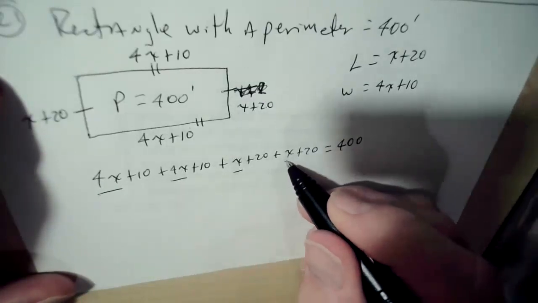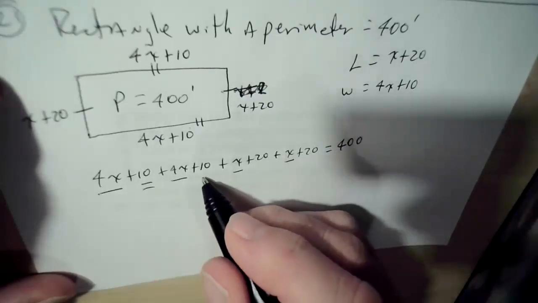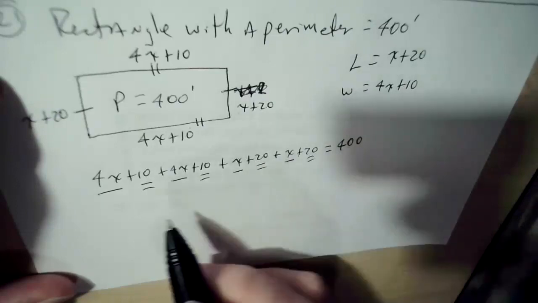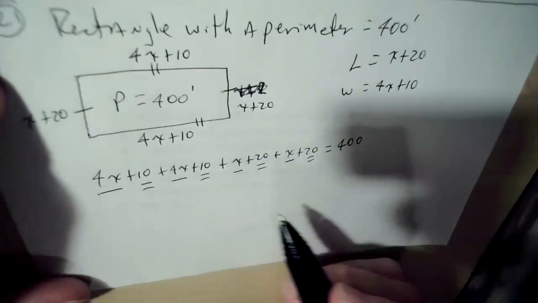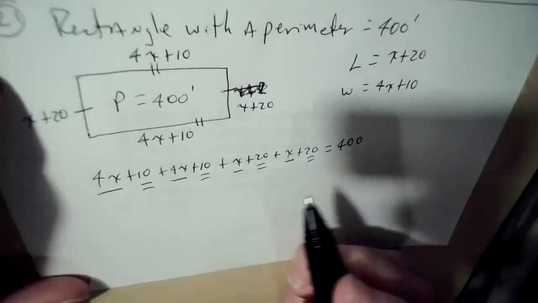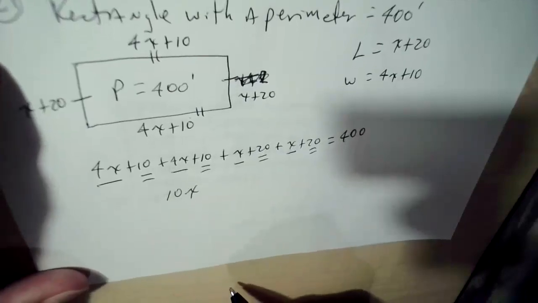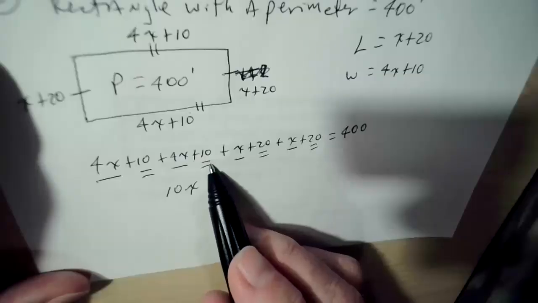Okay, now we combine like terms: 4x's, 4x's, 1x, 1x, and the constants. Constants are just numbers, 20 and 20. I have to underline these things. 4x and 4x is 8x, 9x, 10x. Is everybody with me here?